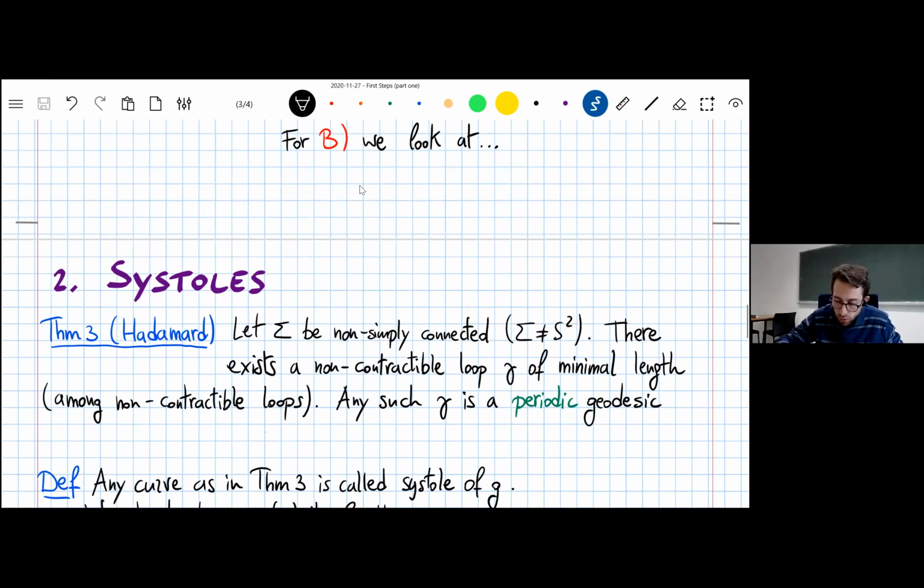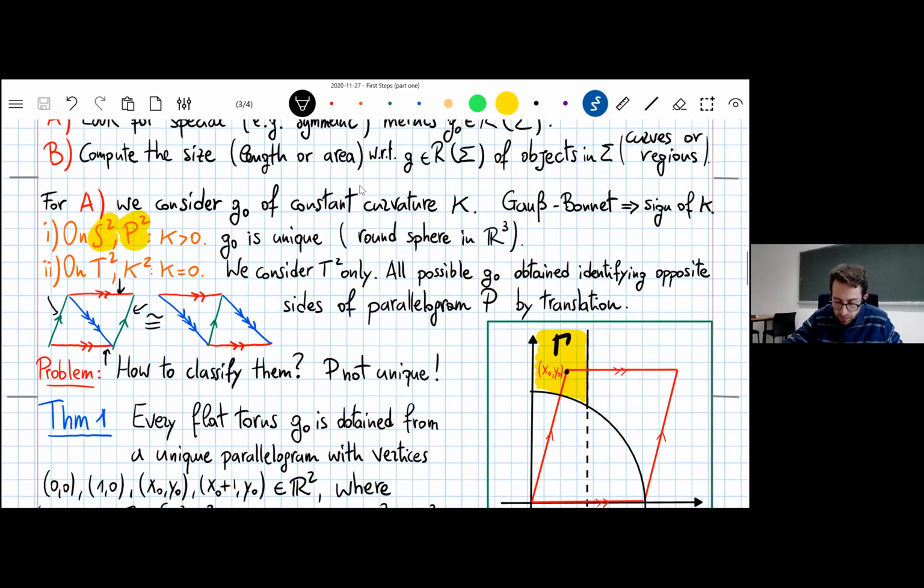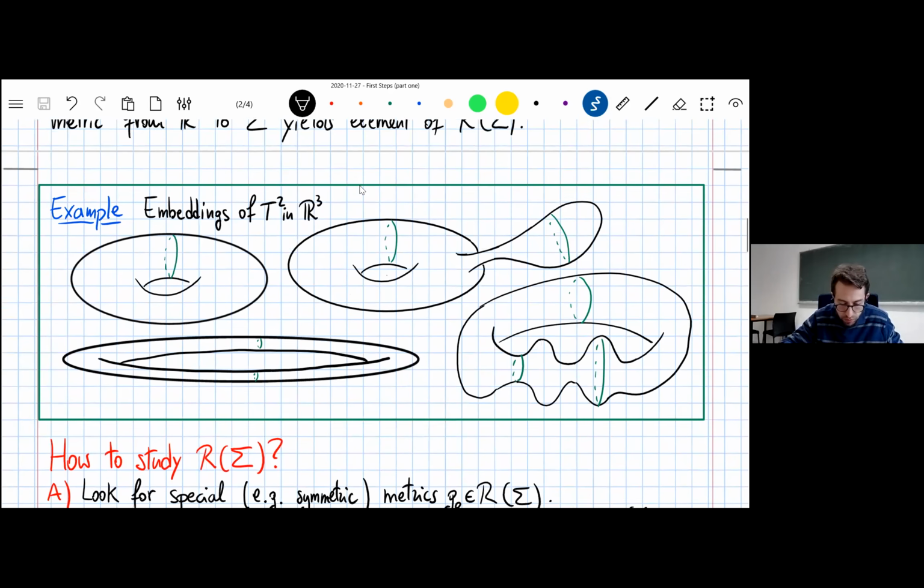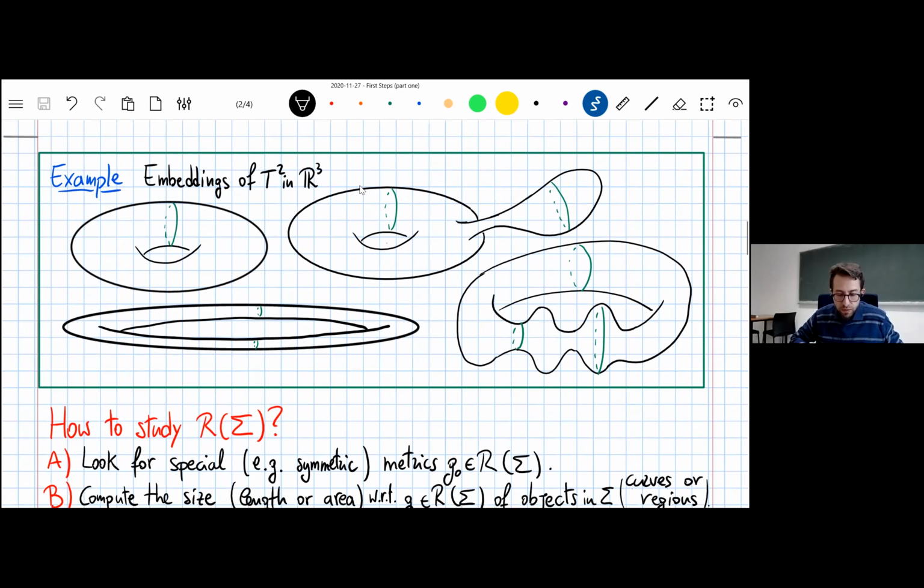So if you look up here, again, in this case of tori, you see that if you draw a curve going around the torus, then you can always try to minimize its length. And you can do this for every homotopy class. Okay, and then in the end, you will find a curve which has minimal length among all non-contractible loops. So for example, maybe something here. So this would be the systole.